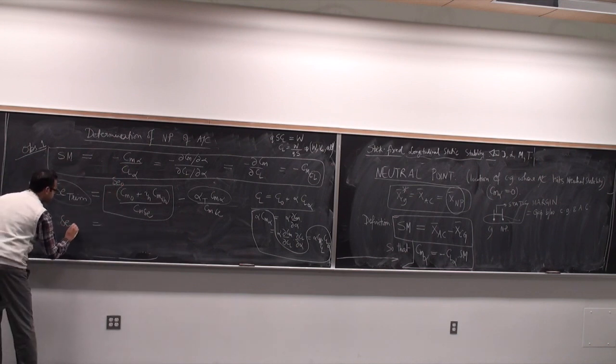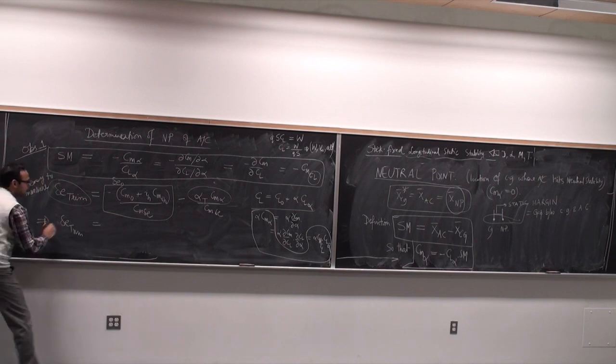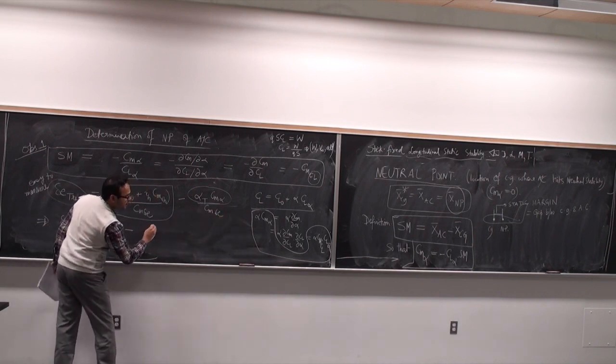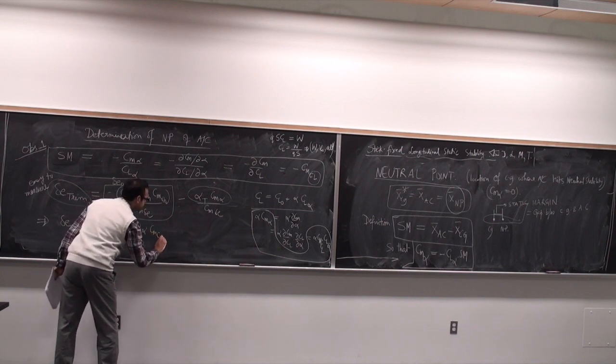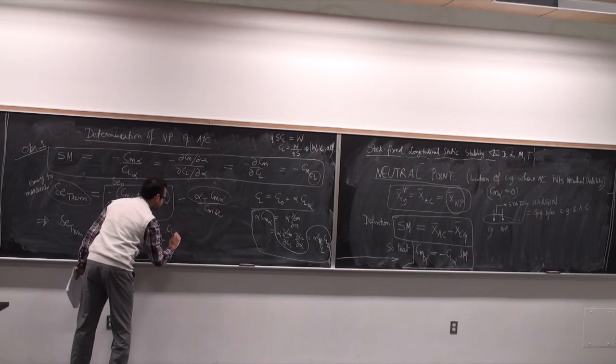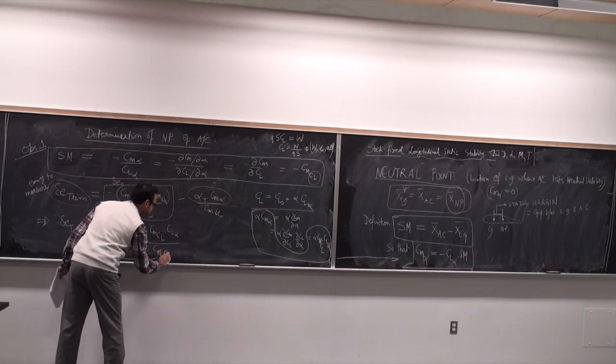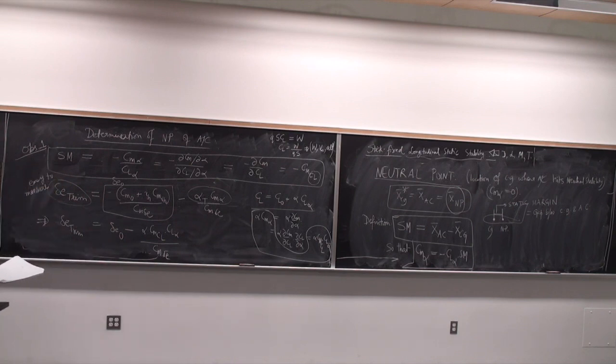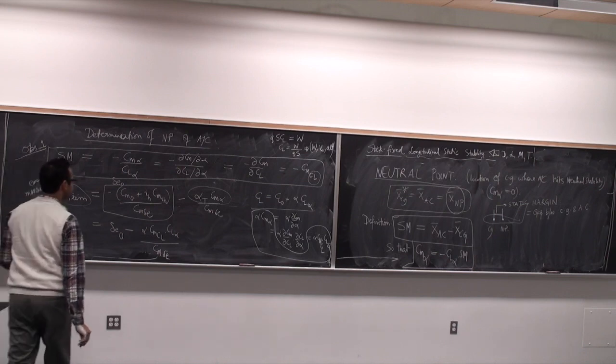So delta E trim is delta E0 minus alpha CM alpha, which is alpha CM CL times CL alpha over CM delta E. It's just some algebra here, right?